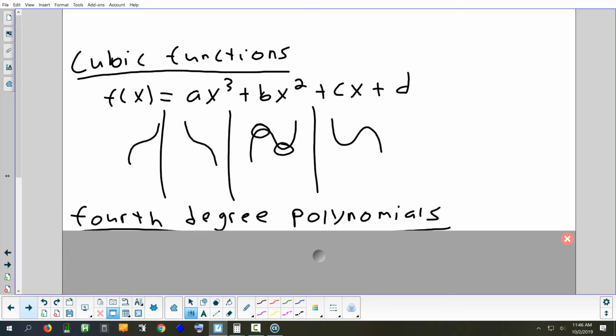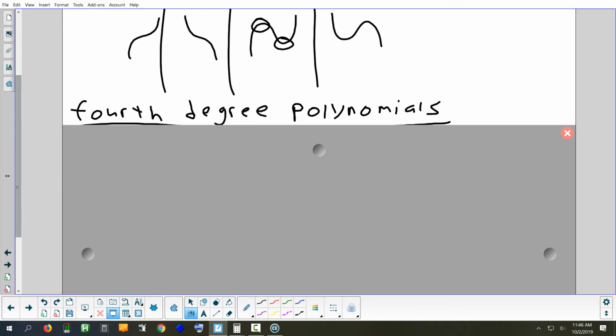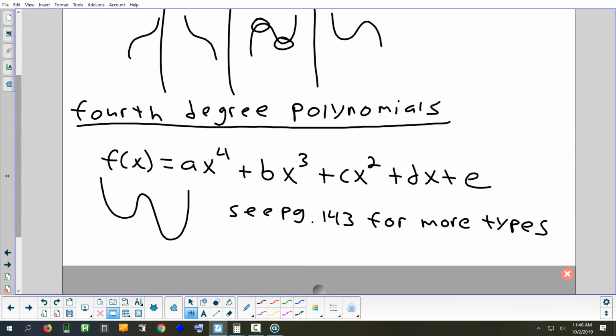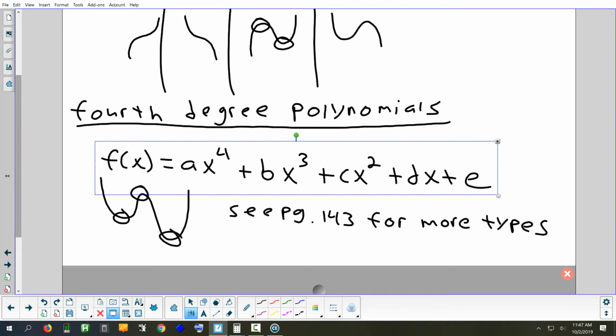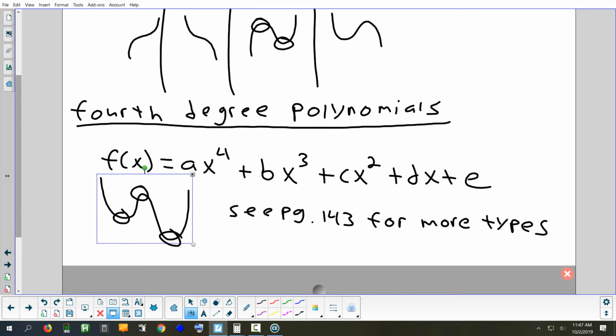How about a degree 4? How many times could that turn? 3 times. So potentially you could get something like that. Could. You don't have to, but you could. There's 1, 2, 3 turns. Big idea behind a fourth degree polynomial or any even is they always have the same behavior on the ends.